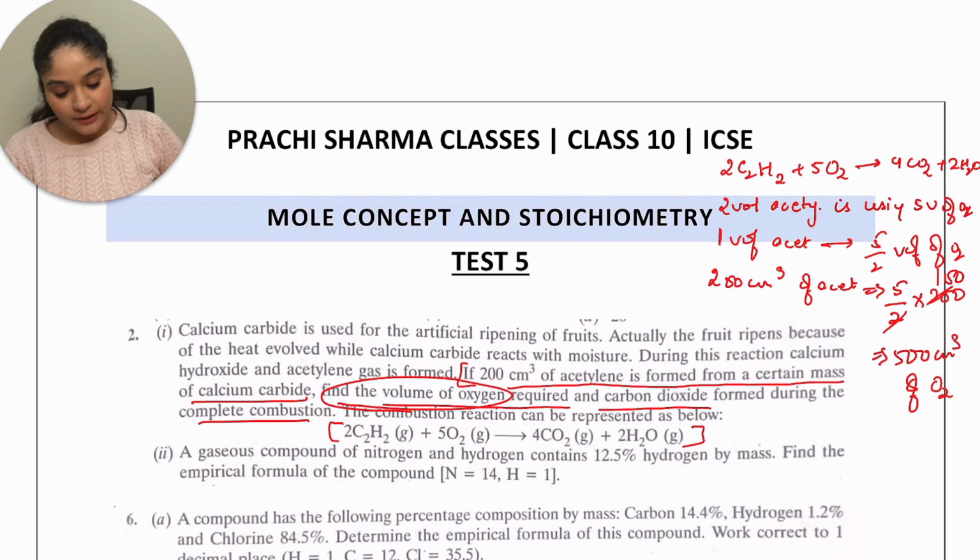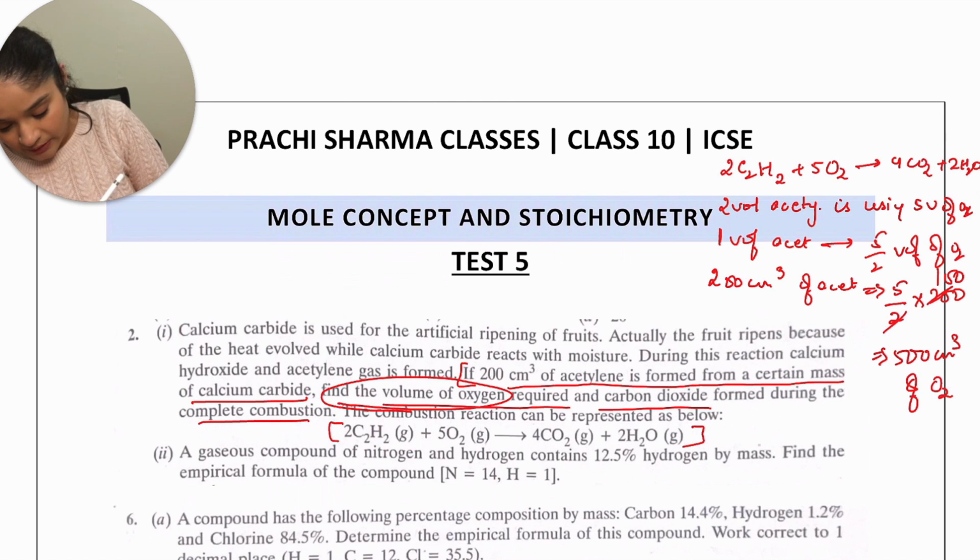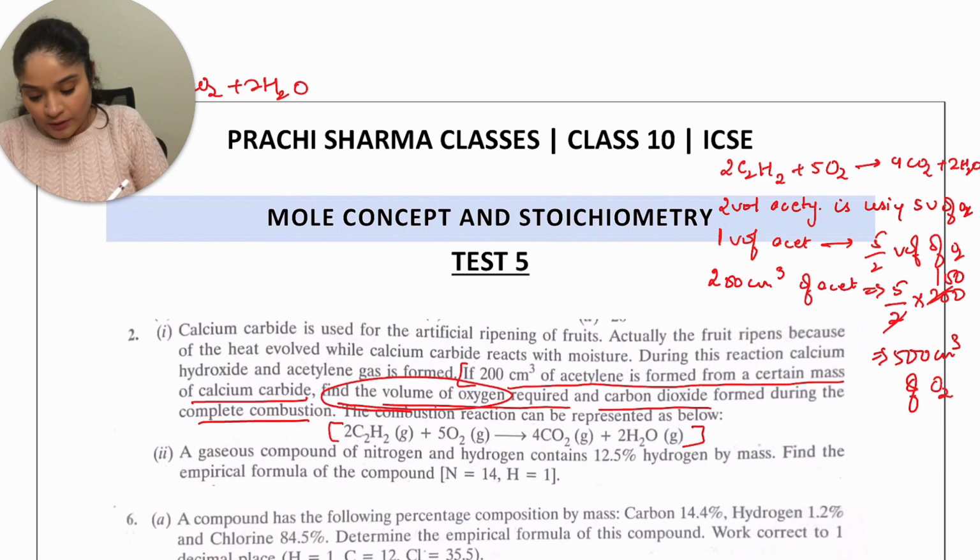Then in the second part, we are supposed to find out the carbon dioxide. We'll do something similar. The equation is 2 C2H2 plus 5 O2 giving us 4 CO2 plus 2 H2O. We'll work for carbon dioxide now in a similar way. 2 volumes of acetylene give me 4 volumes of carbon dioxide.